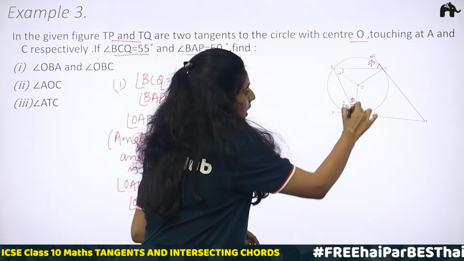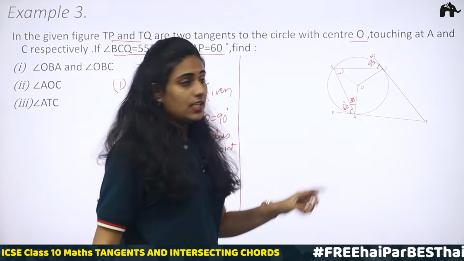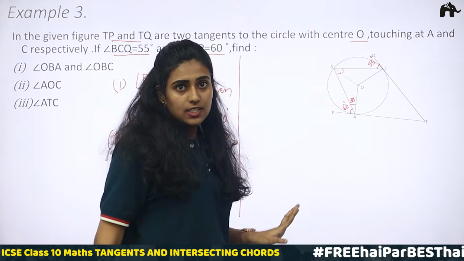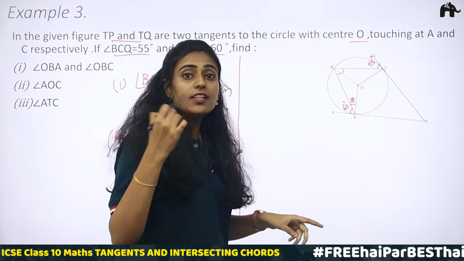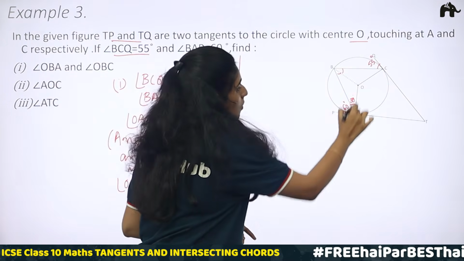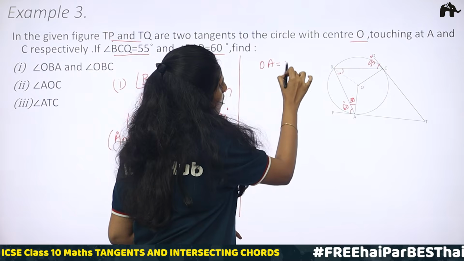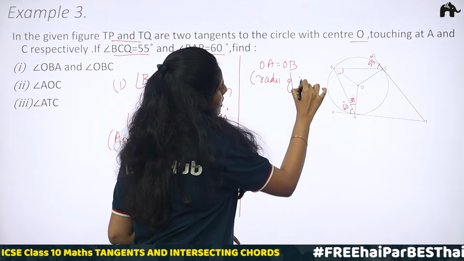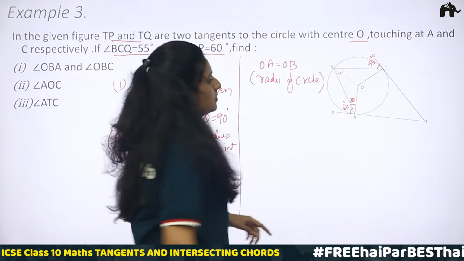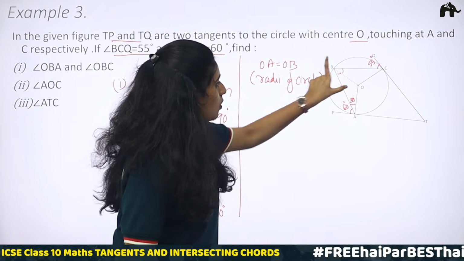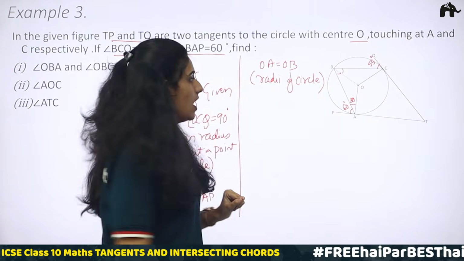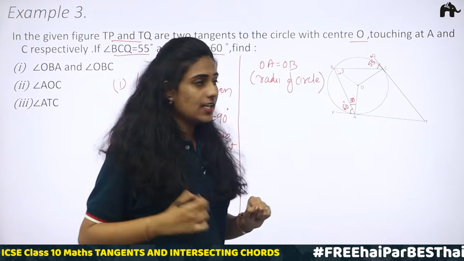Now take OA and OB. OA and OB are the radii of the circle. Radii of a circle have the same measure, which means OA is equal to OB. Reason: radii of circle. If OA and OB are equal, then the angles opposite to them should also be equal. Angles opposite to equal sides are equal.